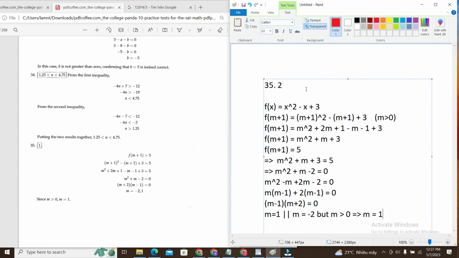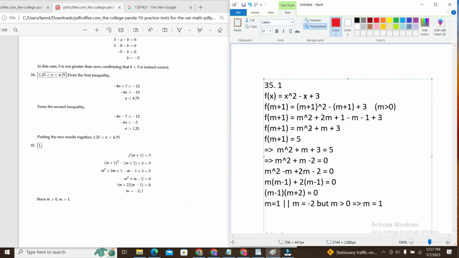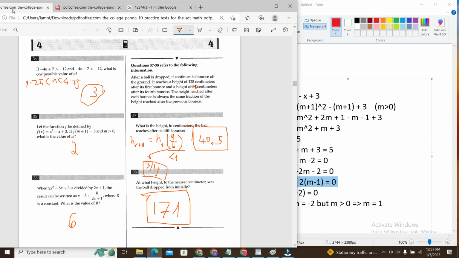I factorized it in the wrong way. Sorry, really, I was mistaken. Very stupid mistake, but yes, m is equal to 1 here. So 35 is 1.